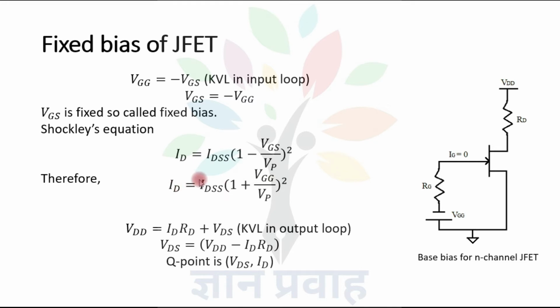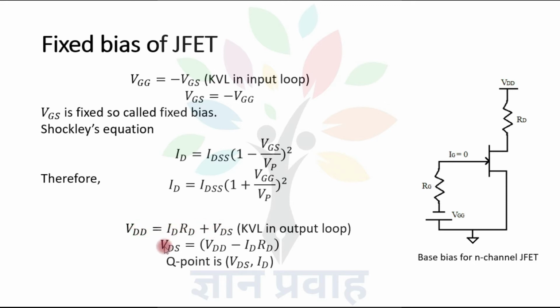And now we are calculating the Q point. So the Q point is nothing but VDS and ID. For finding VDS, we must apply the KVL equation in the output loop. So the KVL equation in the output loop is simply showing VDD equals ID RD plus VDS.